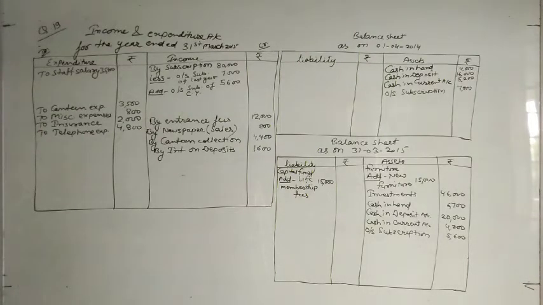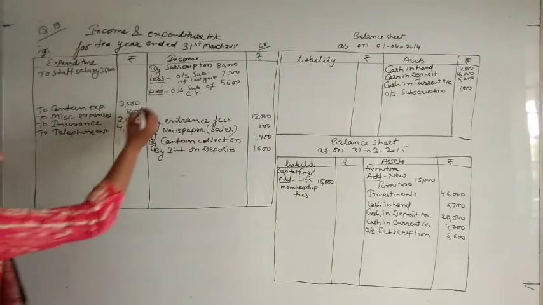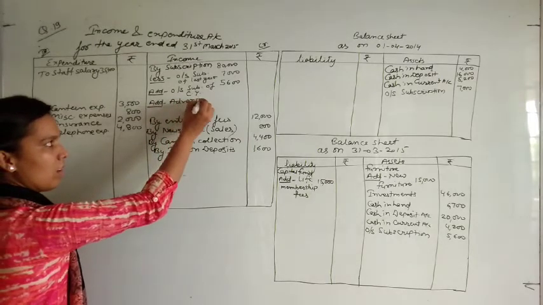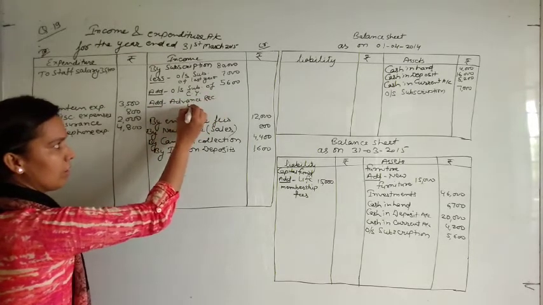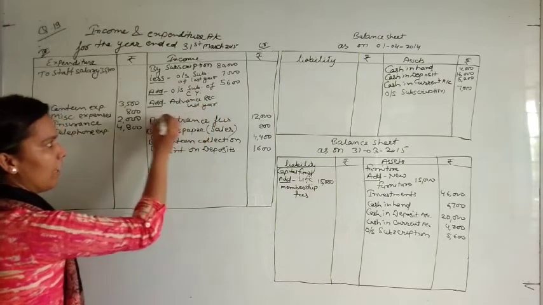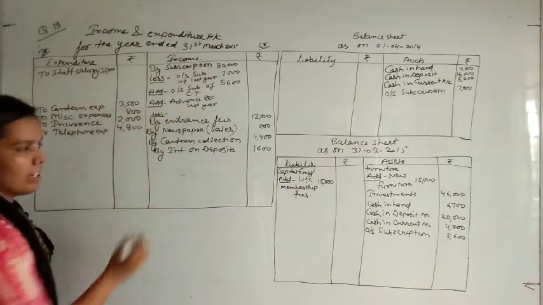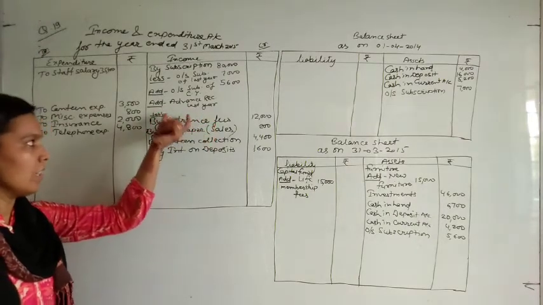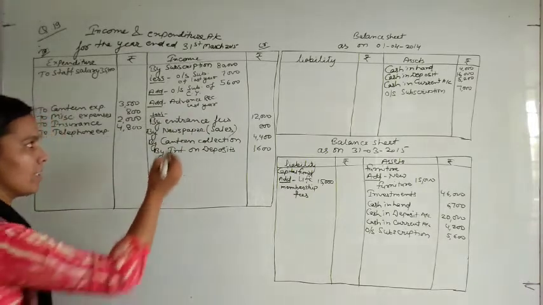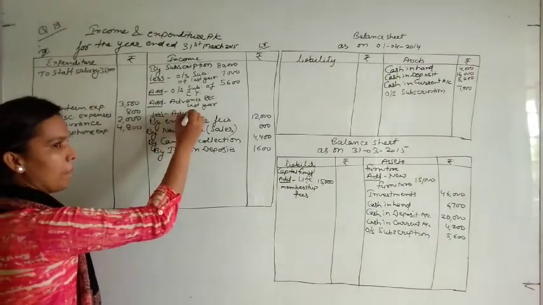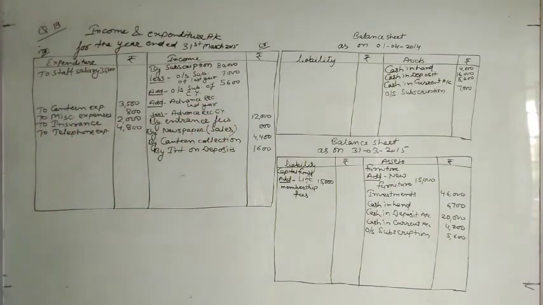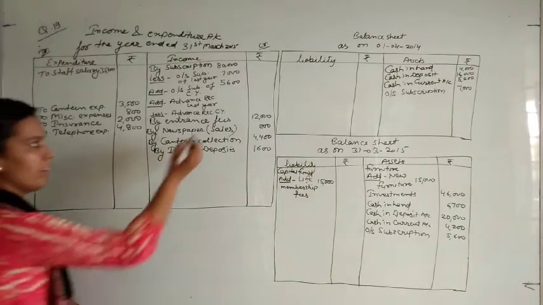Let's move on to the second additional information, subscription received in advance. Last year if we received any advance, that will be added. Advance received last year, and if we are receiving any advance in the current year, that will be deducted, because last year's advance is related to the current year and current year's advance is related to next year. Advance received, amounts are 2,000 and 2,500.